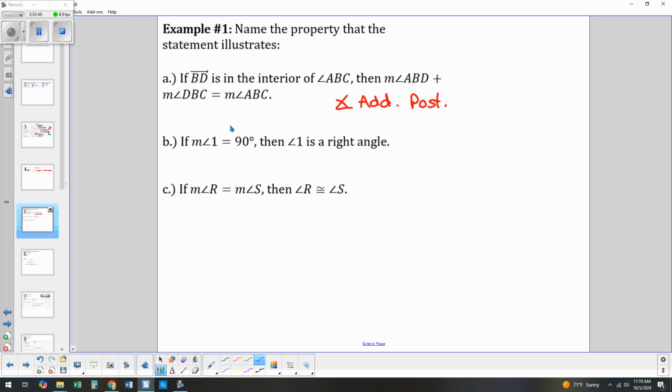Being 90 degrees is what it means to be a right angle, so we would call that the definition of a right angle. And in our third one, if the measure of angle R is equal to the measure of angle S, then angle R is congruent to angle S. We're switching it from an equal sign to a congruence. Definition of congruence.